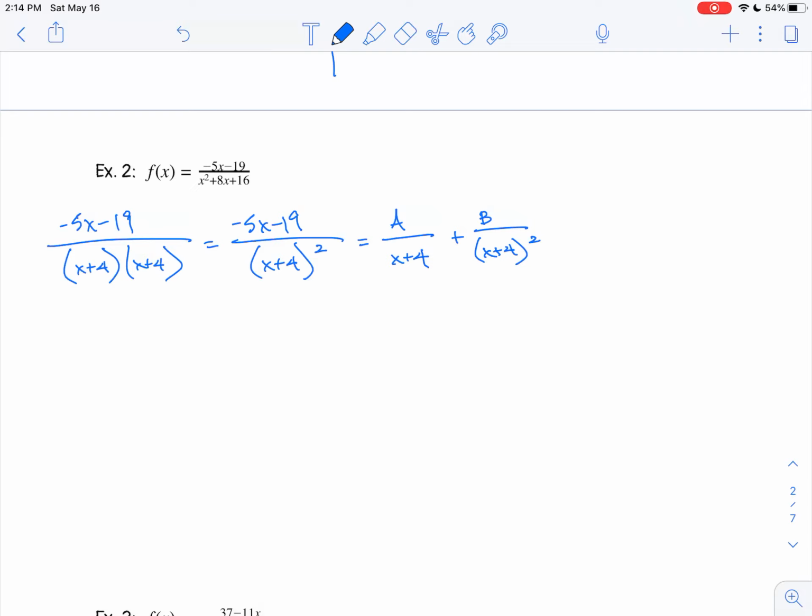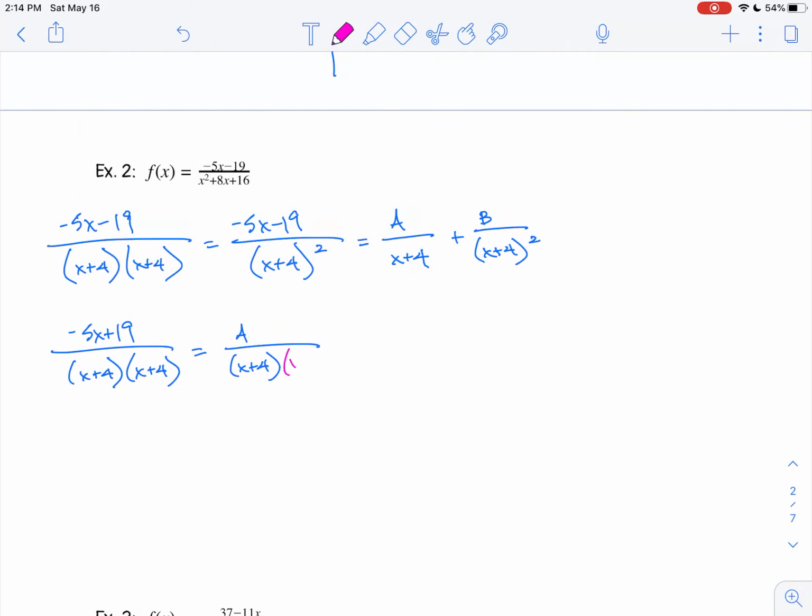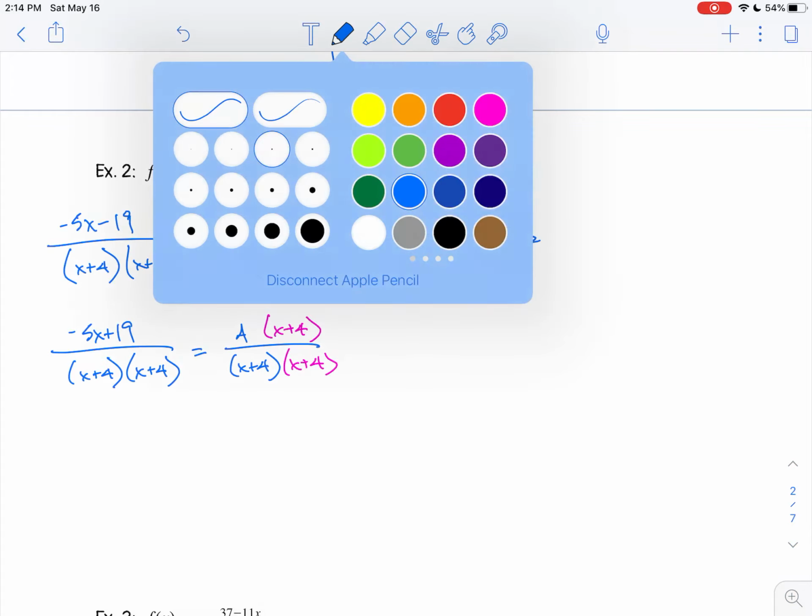Now let's go ahead and make a common denominator. So for the first fraction, I need to multiply both top and bottom by x plus 4 to make that term have the same denominator as the other side.